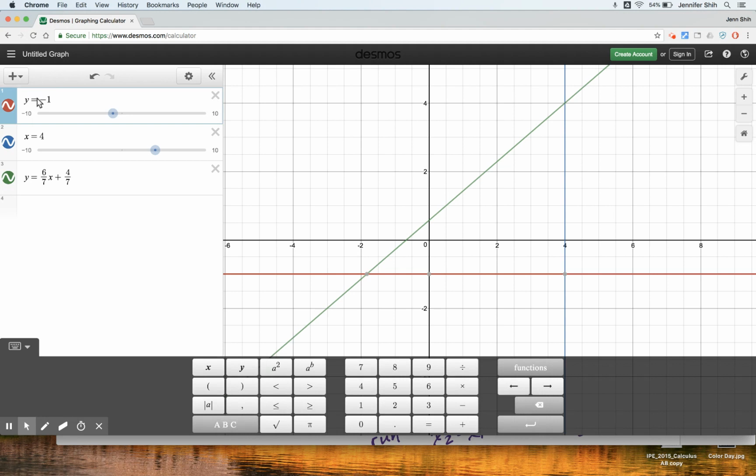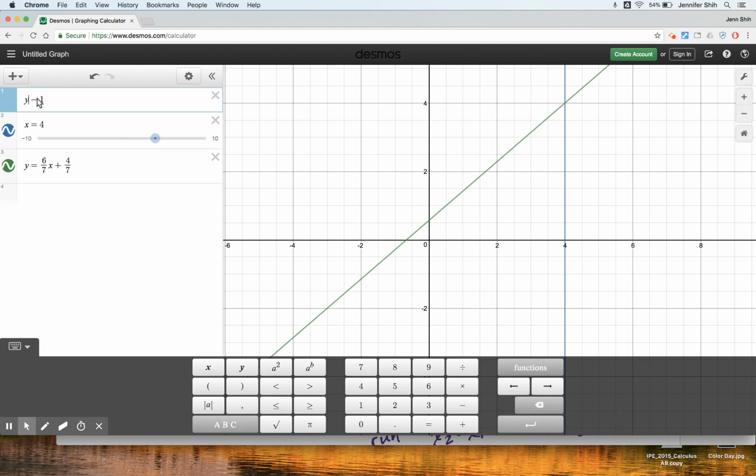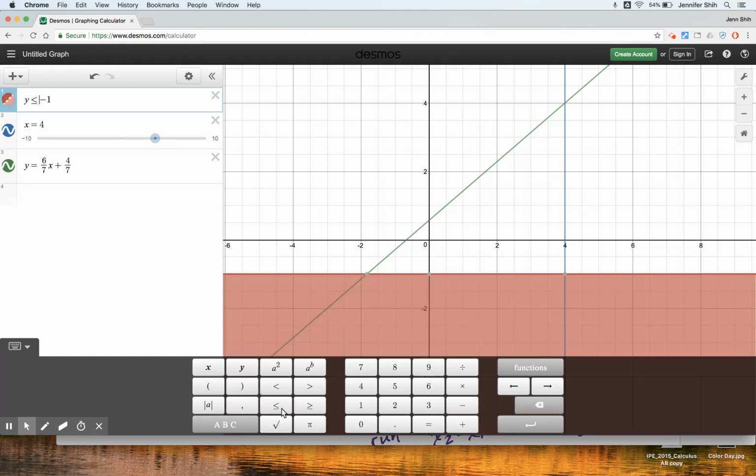So right here, if you delete the equal sign, you can put in one of these 4 inequalities. These 2 inequalities mean that you have a dotted line, and these bottom 2 inequalities mean that you have a solid line. So say you just want to try out this less than or equal to inequality.